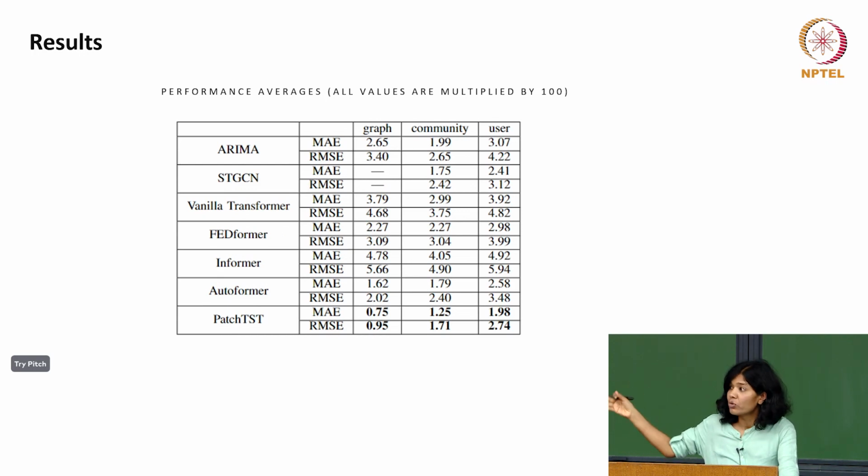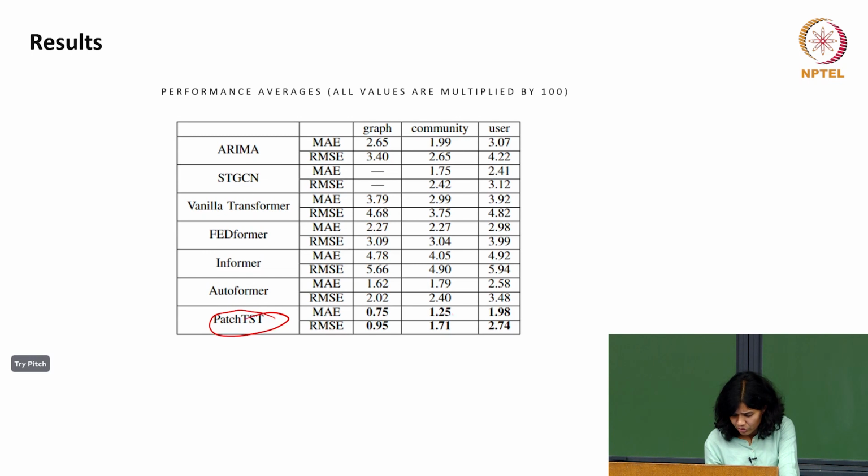So user neighborhood level. If you see, for ARIMA, STGCN doesn't make sense in case of the graph because it's just one entity, right? We don't have a graph there. The error is least in case of PatchTST.